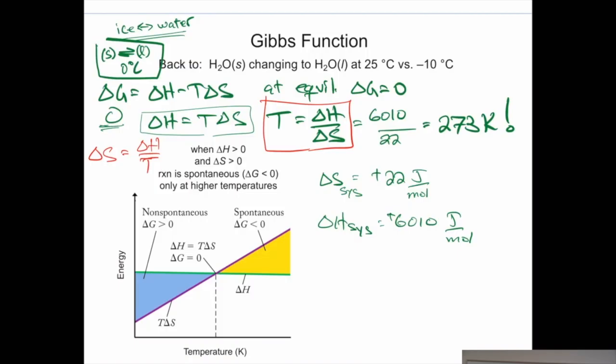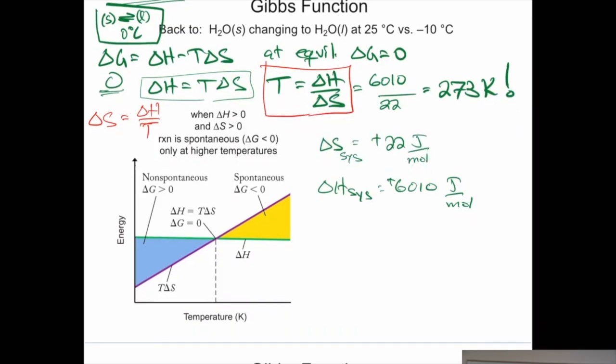Because the graph is on here, let's just talk about it a little bit. This green horizontal line is your delta H. It's labeled right here. Delta H is going to stay constant through most conditions, and that's what we're assuming on this figure.